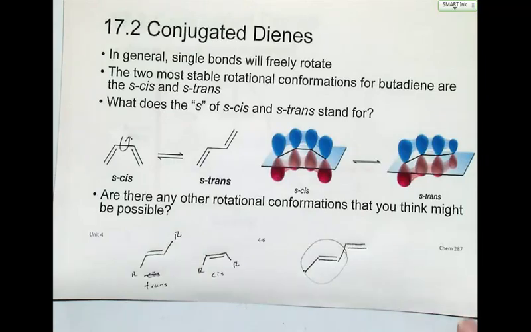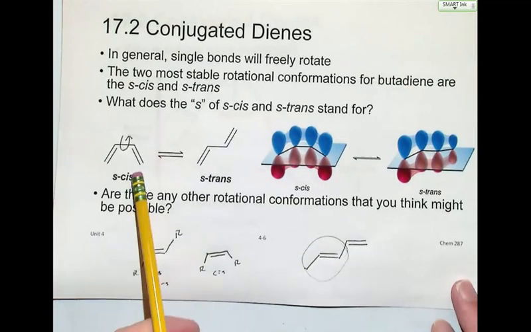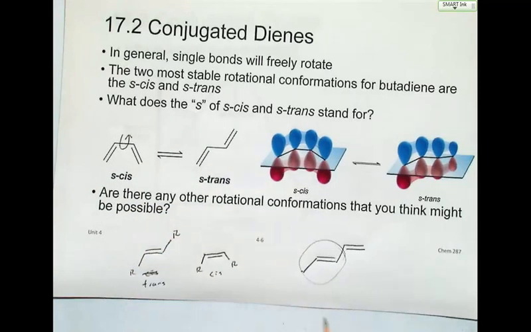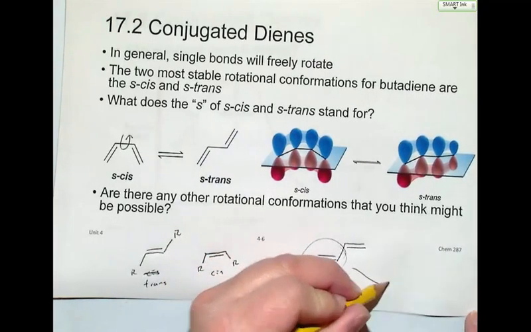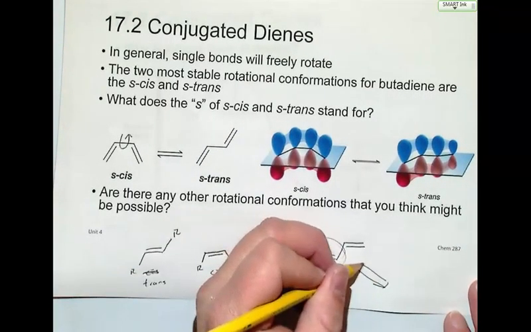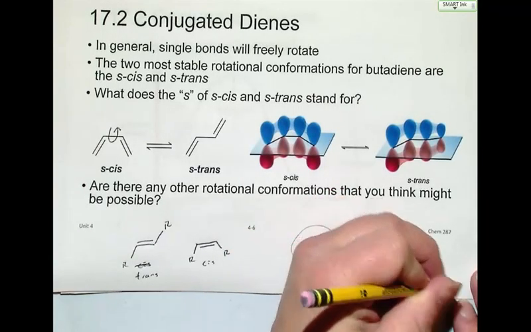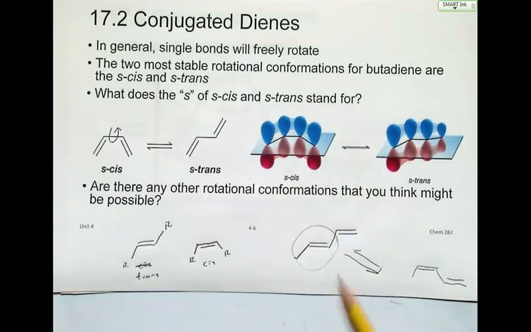What's the S mean? Is this really cis or trans? Can this change from trans to cis? Can I just say, oh well, it's in equilibrium with this? Are those interconvertible? No, because we have a pi bond here that's locking it.